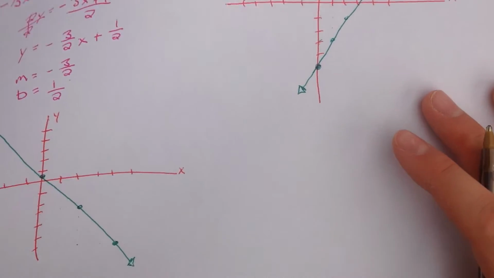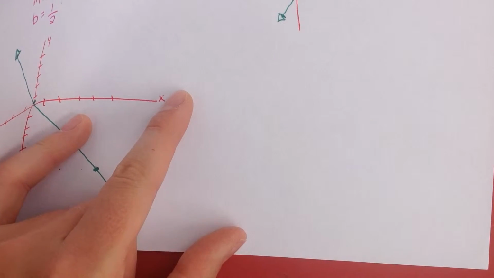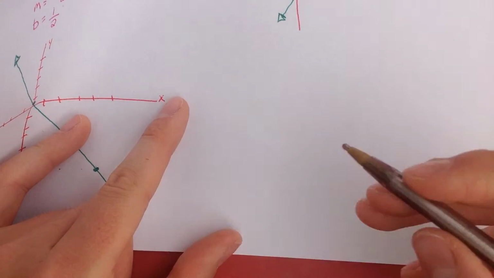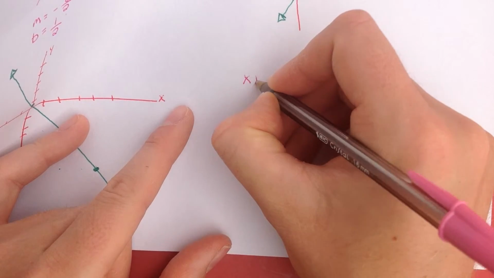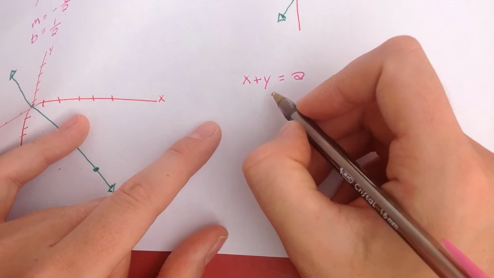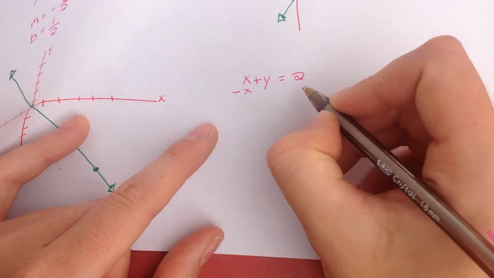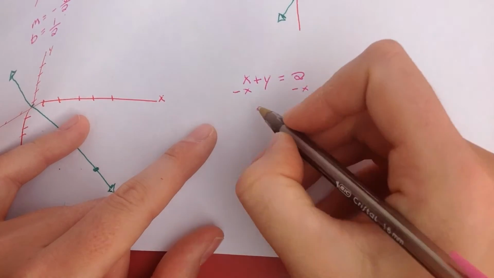Let's try one last example. So say for example, we were given the line x plus y equals 2. Well, to first get it in slope-intercept form, we need the y by itself. So I'm going to subtract x from both sides.